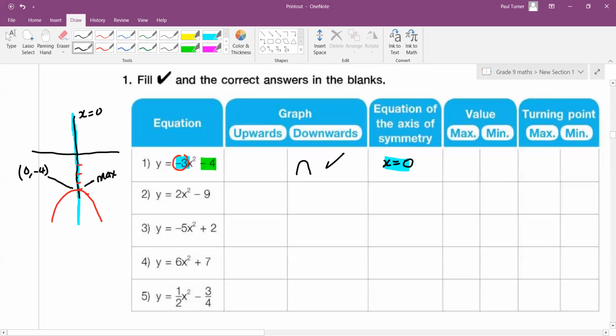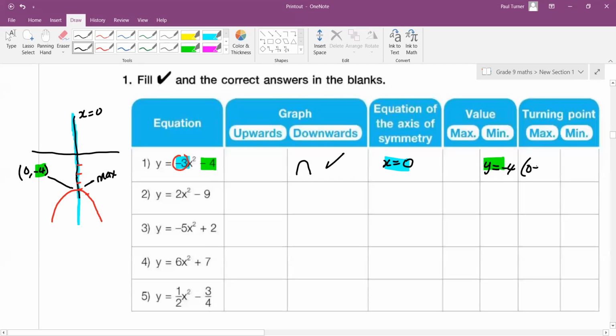And the maximum value is -4 here. So we can say y equals -4. And the turning point is this number here, 0, -4, which is a maximum.